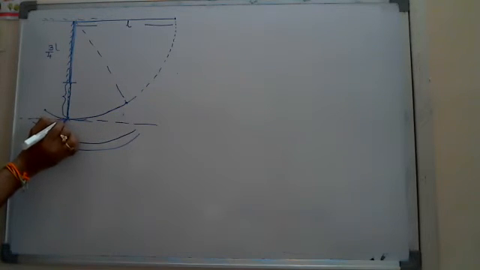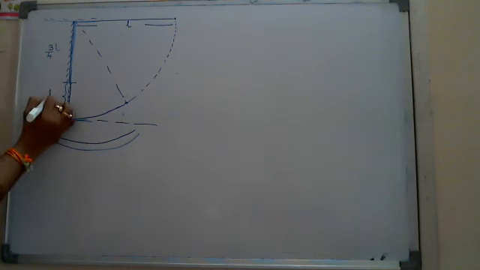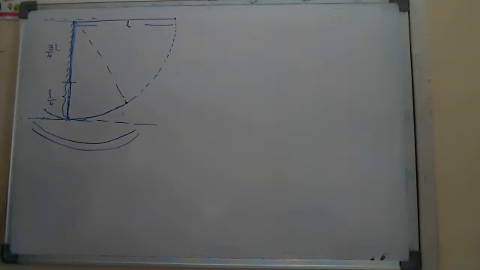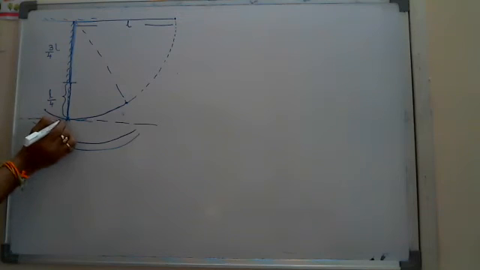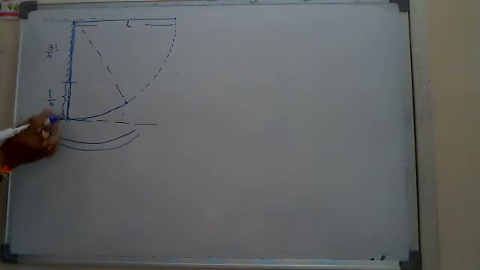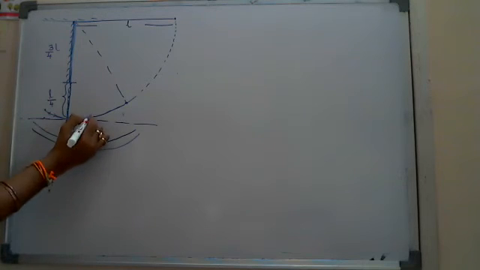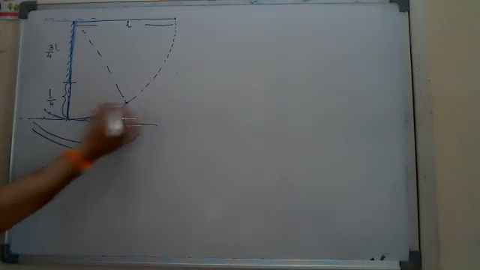From here to there, only L by 4 part of the length is oscillating. And from there, again coming back to the mean position, again L by 4 part is oscillating. Again from here to there, the total length is oscillating.